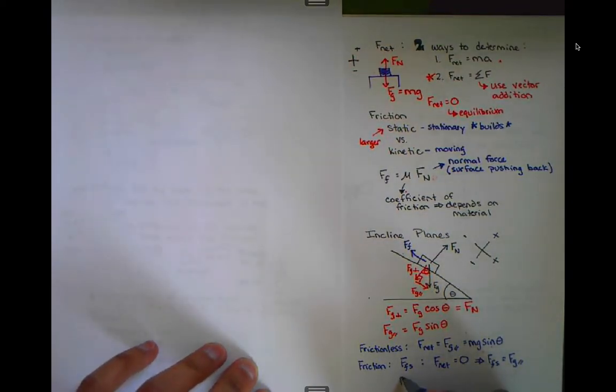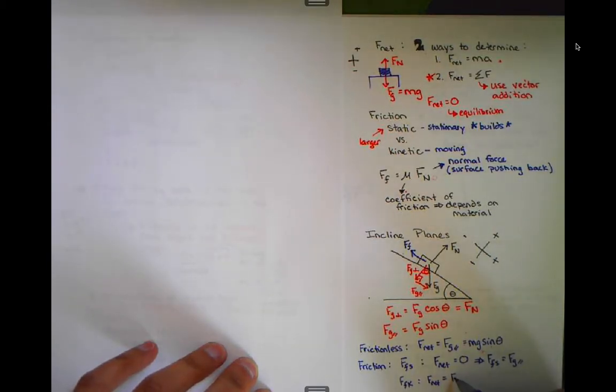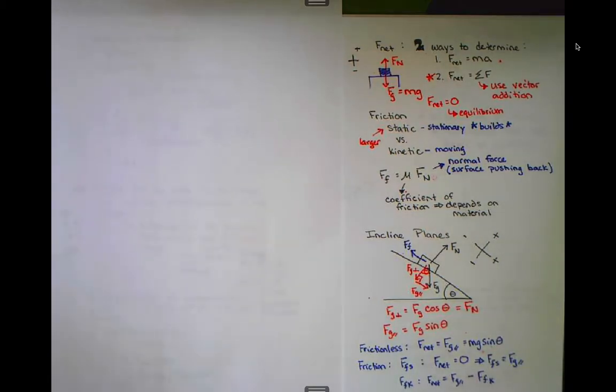If we get this to move, so now we're looking at kinetic friction, that means that my net force will be the sum of Fg parallel and force of kinetic friction. So this will be Fg parallel minus the force of kinetic friction. Right? Inclines were fun.